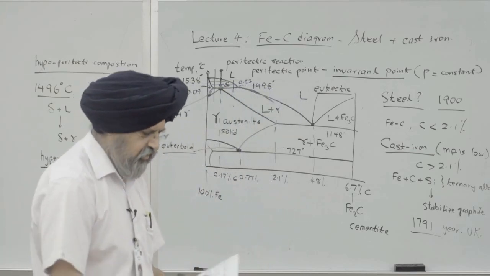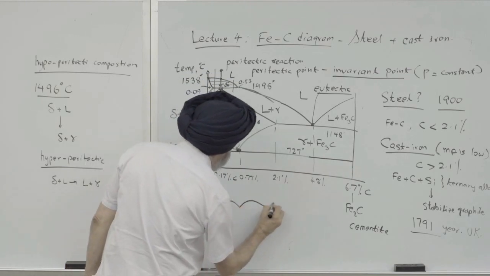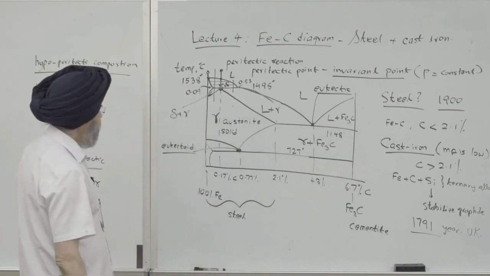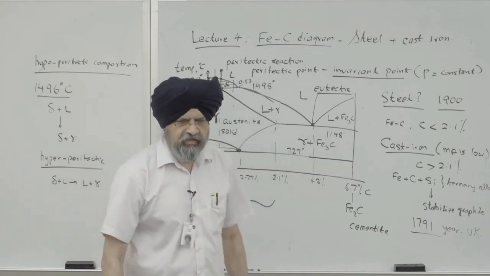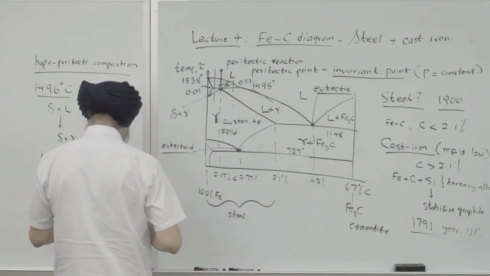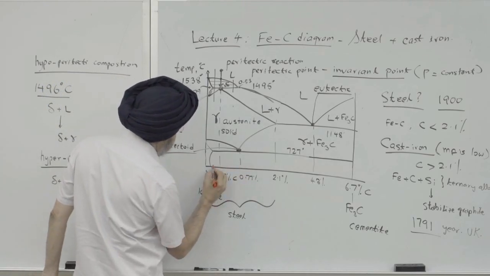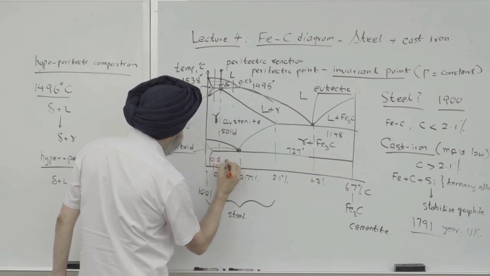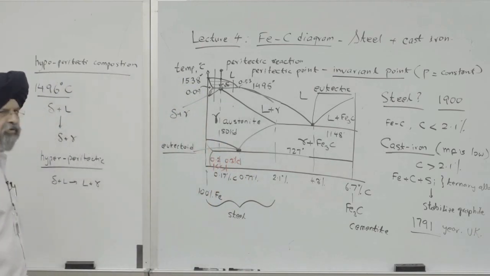So we mentioned that steel is from 0 to 2.1% carbon. That's steel. But actually, most steel is in a much narrower range. So this is 0.77. Most steel is in this range, from 0.2 to 0.3% carbon. So this is where most steel resides in composition.